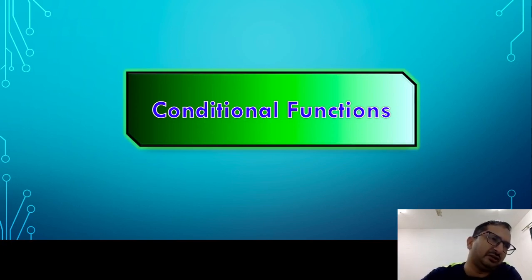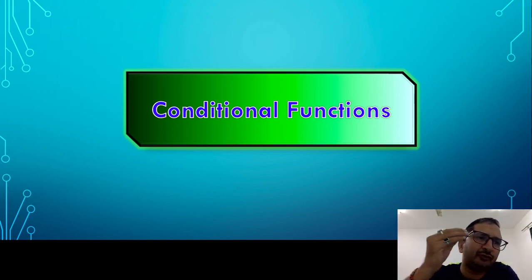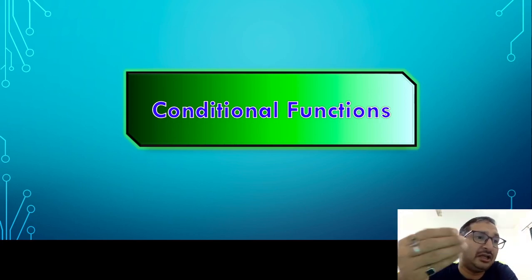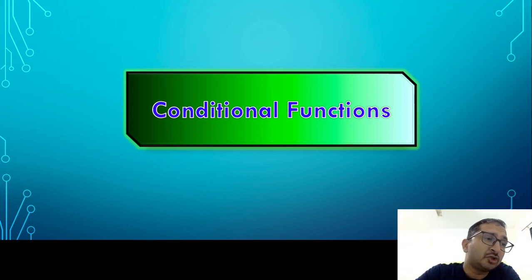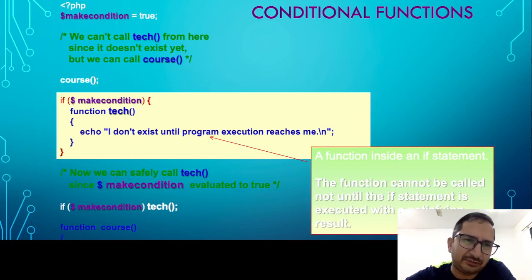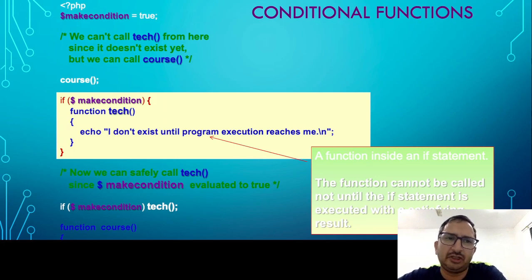In some situations, the PHP function is written inside a condition. In this case, we first have to evaluate that condition, and then that function can be called. So we can say the functions need to be defined before they are referenced, except when the function is in a conditional statement. See in this example, we have created a variable $makeCondition which has been initialized as true.